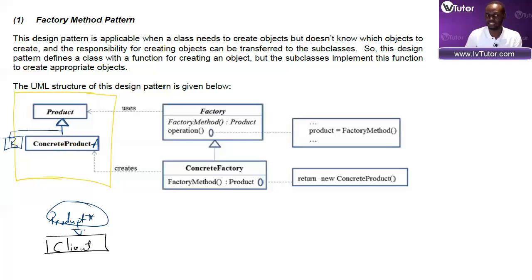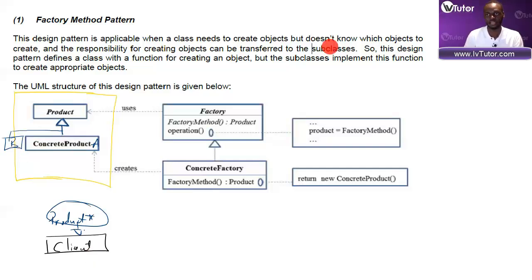Or how to create these instances. Your client is going to request someone to create an instance of a product. And that someone will then give your client an instance of a product, but it's given through the product pointer. So in other words, your client is never going to instantiate any of these classes. Therefore, your client no longer has the responsibility to create these instances.